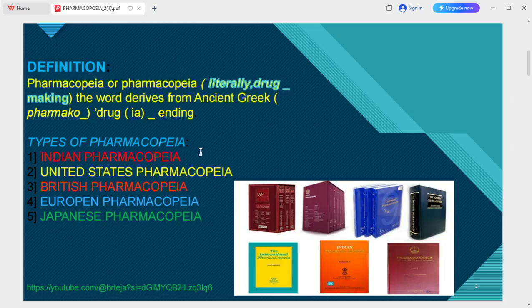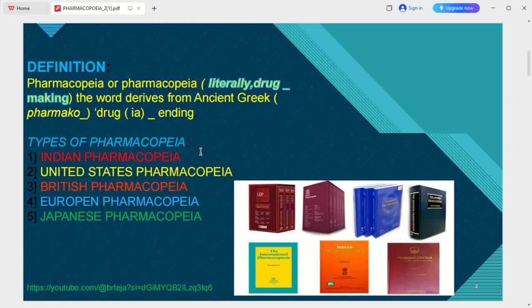Next, in 1844 the Bengal Pharmacopoeia was published, listing the most commonly used indigenous drugs, followed by the Indian Pharmacopoeia in 1868.